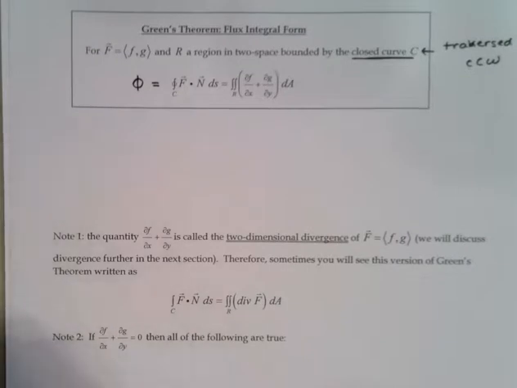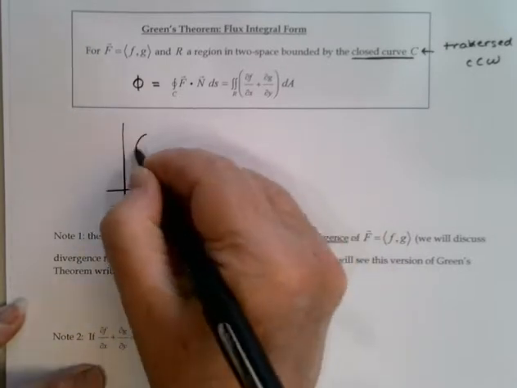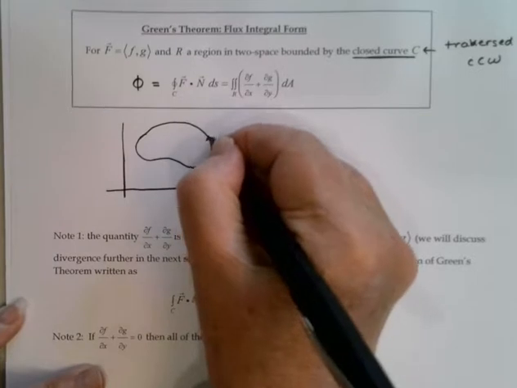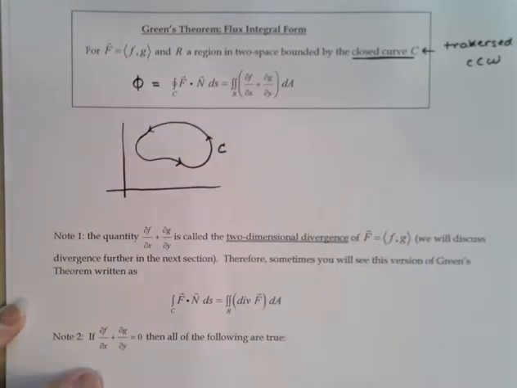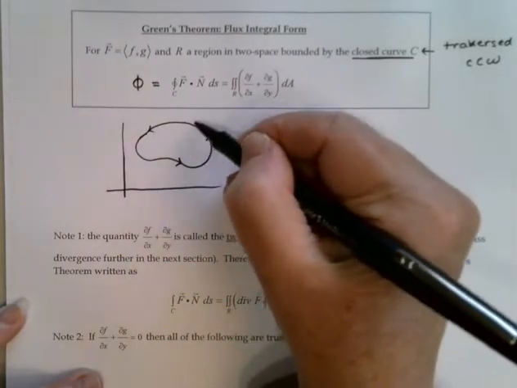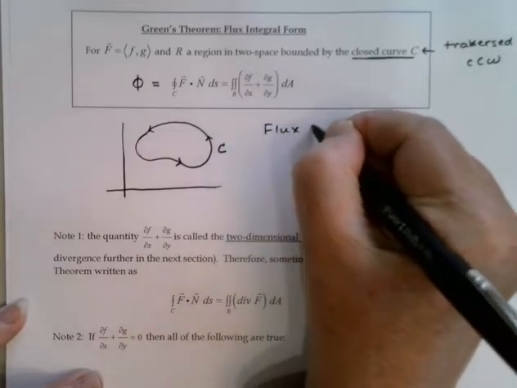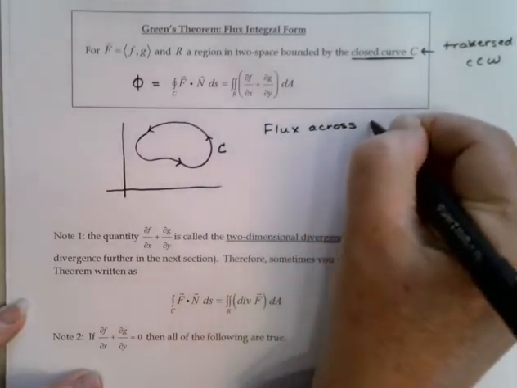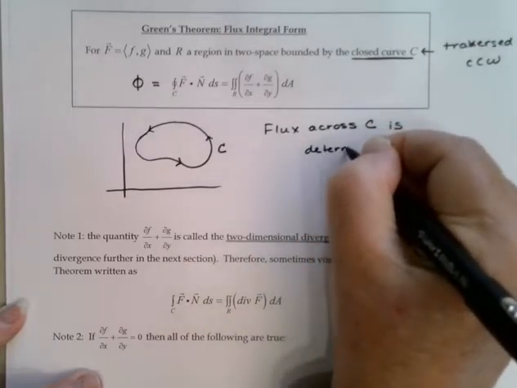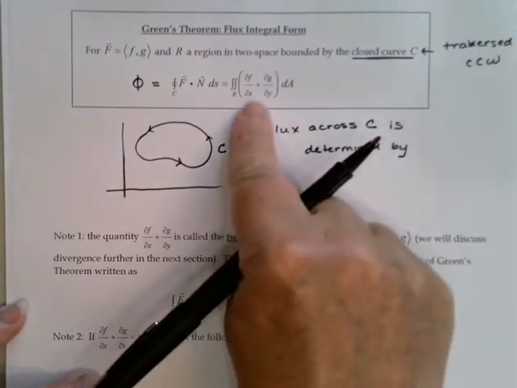So, a few things. First of all, similar idea here. What we're saying is, if we've got some closed curve C, and we're orienting it counterclockwise, then the flux across the boundary, remember the flux is kind of what's going across that boundary, so the flux across C is determined by something that's happening inside the region.